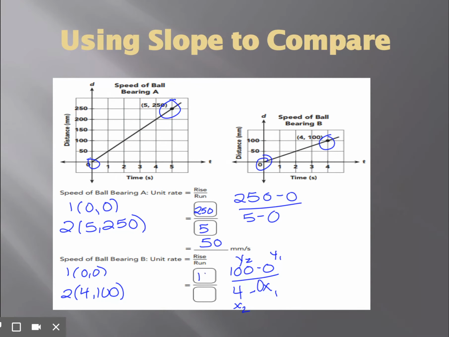So I get 100 over 4, which would be 25 millimeters per second. So ball bearing A is faster because it's moving at 50 millimeters per second, and ball bearing B is only 25 millimeters per second.